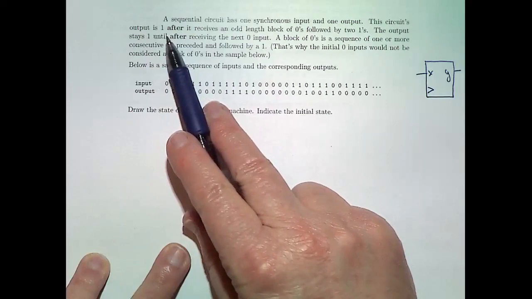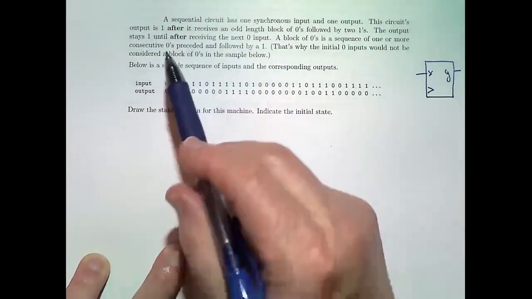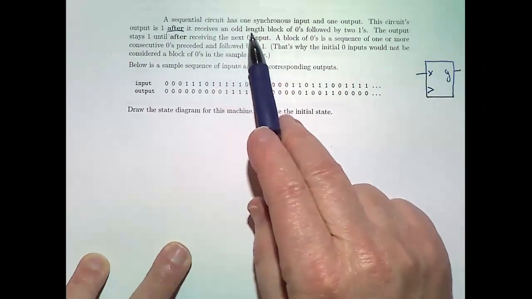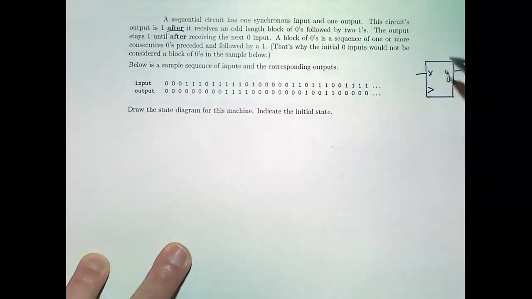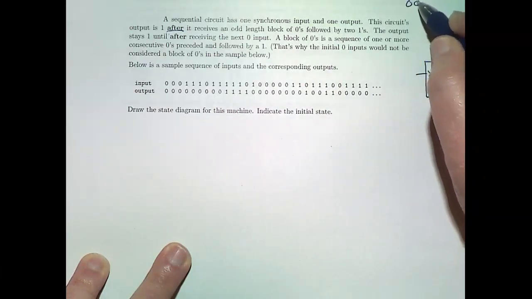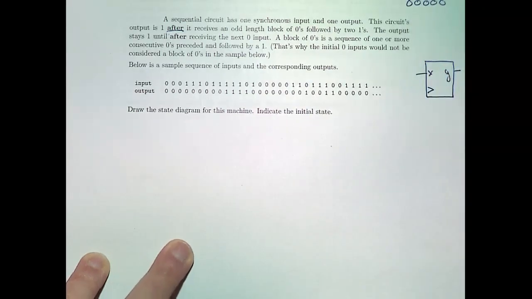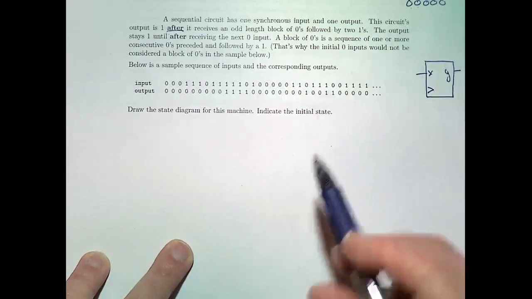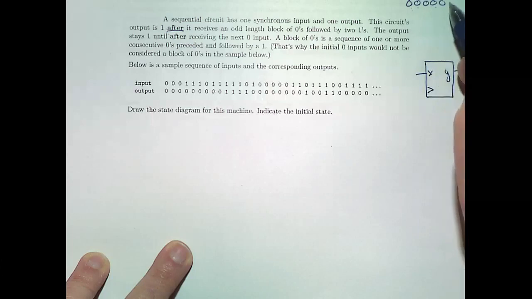Now, what the heck does it do? This circuit's output is 1 after, this is in bold, after it receives an odd length block of zeros followed by 2 ones. A block of zeros is basically consecutive inputs that are zeros, an uninterrupted sequence of zeros. It has to be odd length: 1, 2, 3, 4, 5, so that's odd.